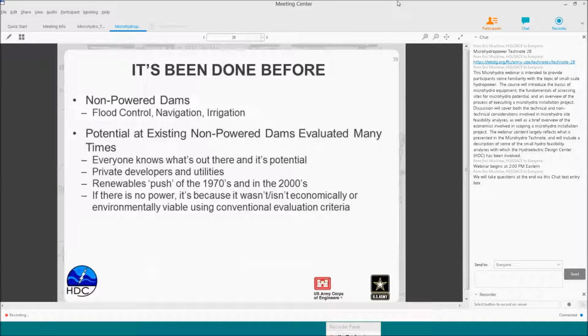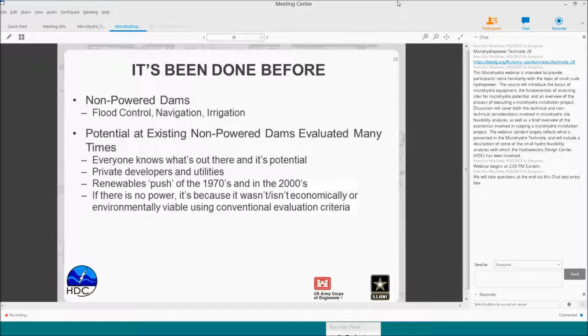In many cases, existing dams that do not already have hydropower have been reviewed extensively for their potential. The Corps has flood control dams in the North Atlantic Division and navigation dams in the Mississippi Valley Division or the Lower Mississippi Rivers Division, where private entities have filed for FERC licenses and have been granted the right to develop private hydropower at these Corps properties.